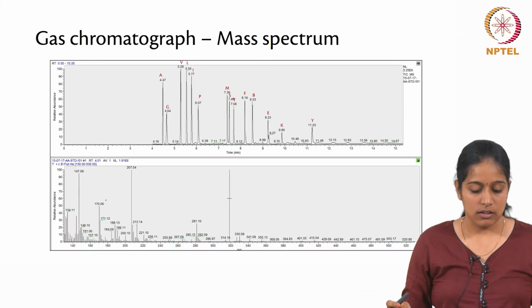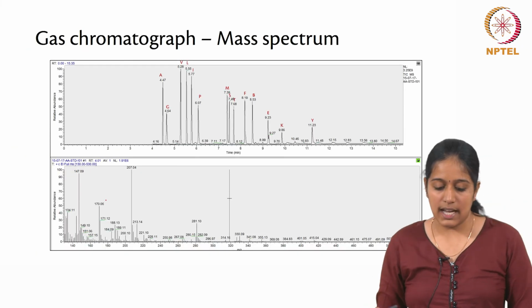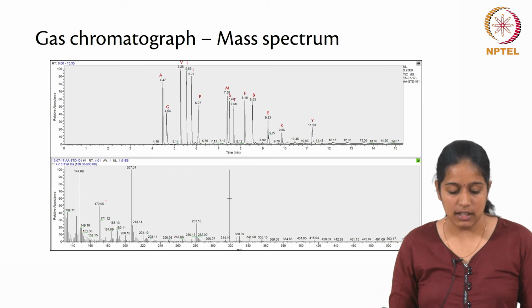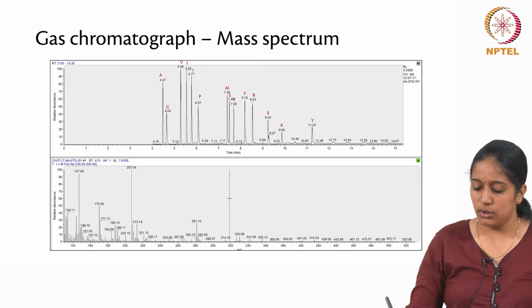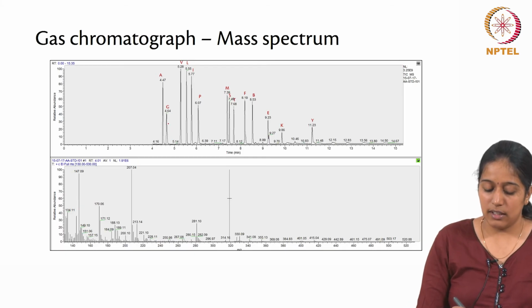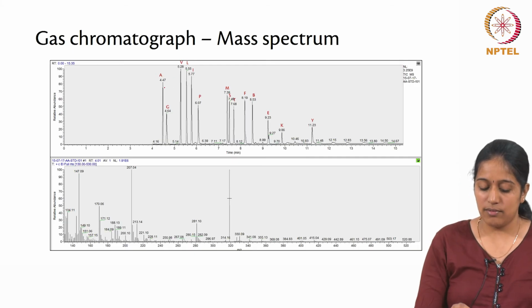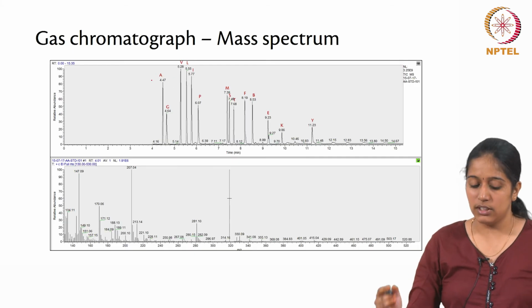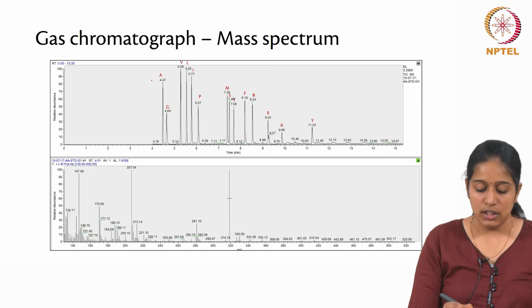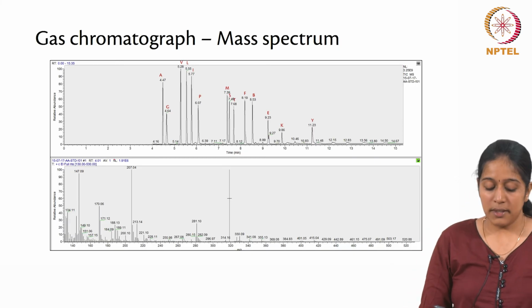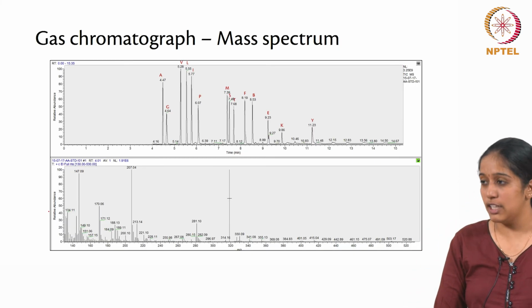This is how a gas chromatograph mass spectrum looks. The top panel shows the retention times of different amino acids, in the order in which every amino acid gets eluted. So you have alanine, valine, lysine and so on. In the bottom panel you can find the mass spectrum.